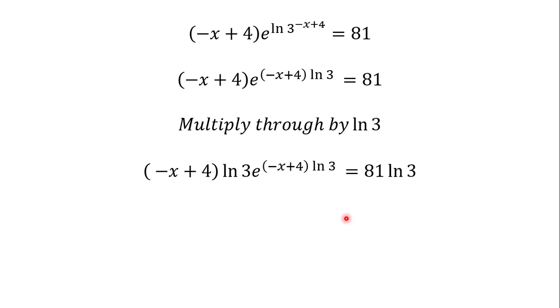At the end of the day, whatever we get will be the value of that variable, whether the e is on it or not. Even if the e is on it, we just leave it, because there are devices that can compute it. If you have a calculator, when you punch it in it will give you the real value of x. Okay, so let's take the Lambert W function of both sides.